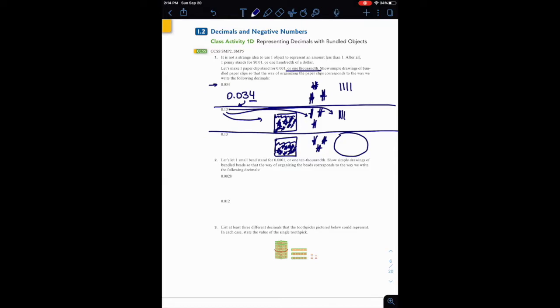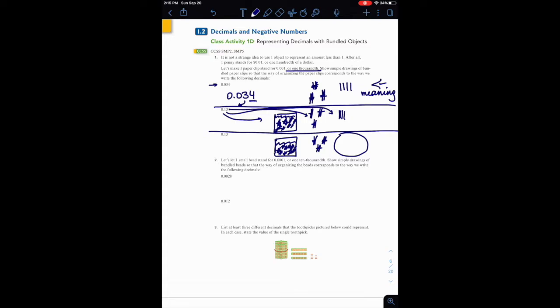So notice whether our 34 is just as a 34 represents 34, 3 tens and 4 singles, or 34 thousandths, which is 3 hundredths and 4 thousandths, or 34 millionths, it doesn't really matter. This diagram is going to be the same. It's just going to be representing a different number because the meaning of the toothpick is going to be different.